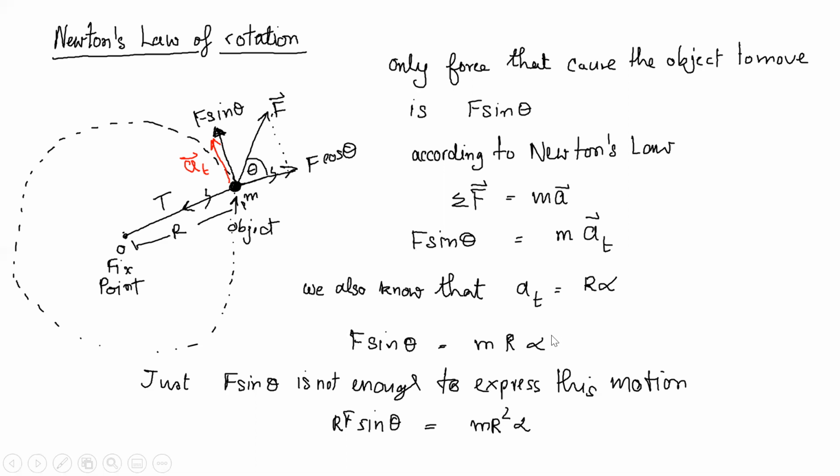Now, the thing is, it's not only F that causes the object to move. You have F sine theta. If you apply this force closer and closer to the origin, you will see that the rotational effect on the object gets smaller. And eventually, if your F sine theta is applied at the center itself, the fixed point, it will not cause any motion on the object.